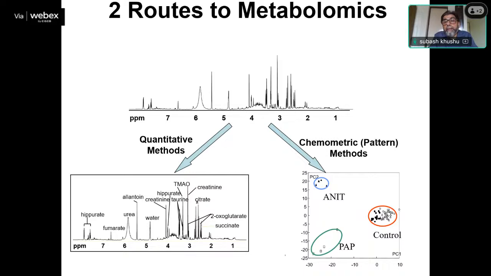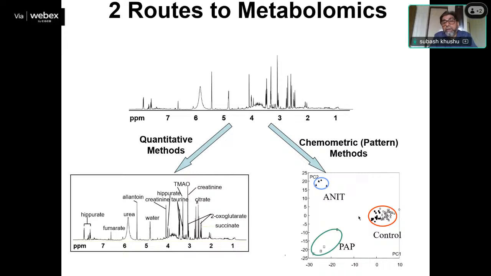The other is the chemometric pattern method, wherein you have several populations which have different characteristics. So you can categorize them in different clusters depending on whether they are diseased or healthy, or they are being exposed to different stressors.